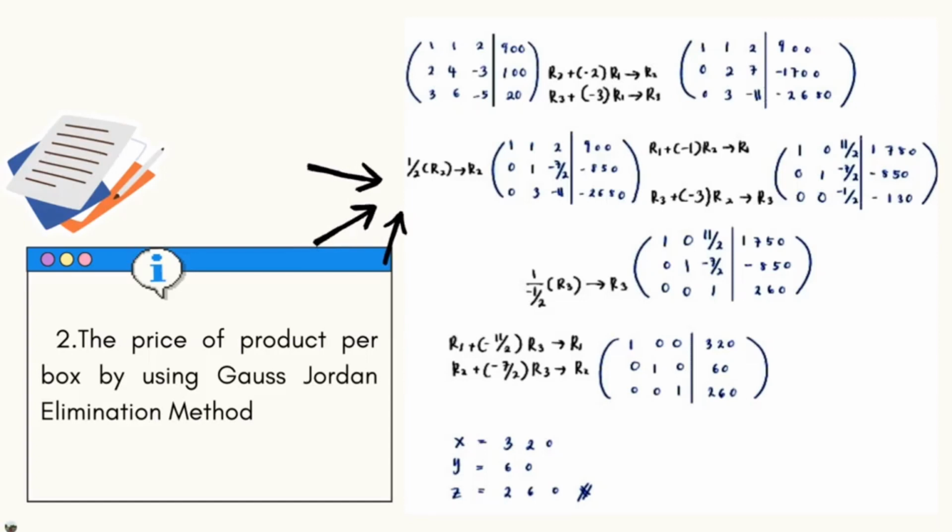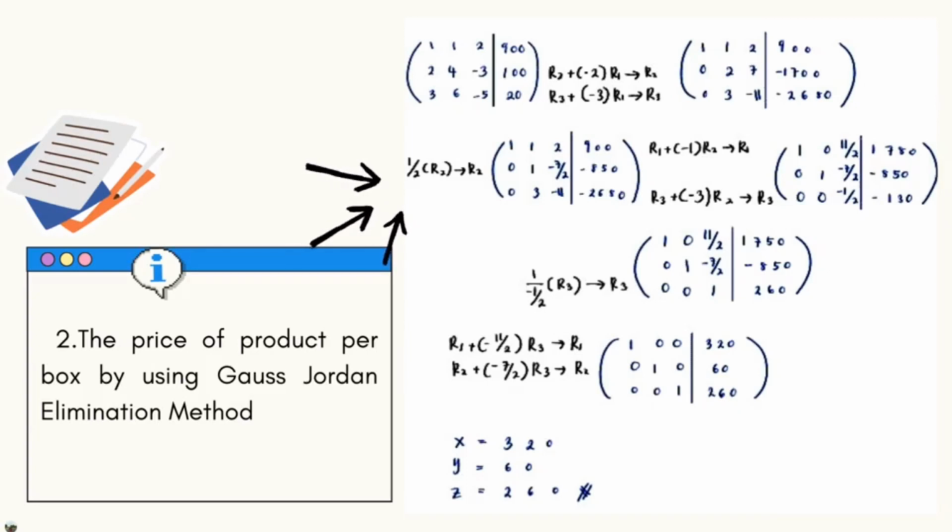To make a leading 1, we calculate with 1 over -1/2 times R3 becomes R3. Lastly, we compute the first non-zero constant in the first and second rows using the Gauss-Jordan elimination method to form 0 above the leading entry of the third row.